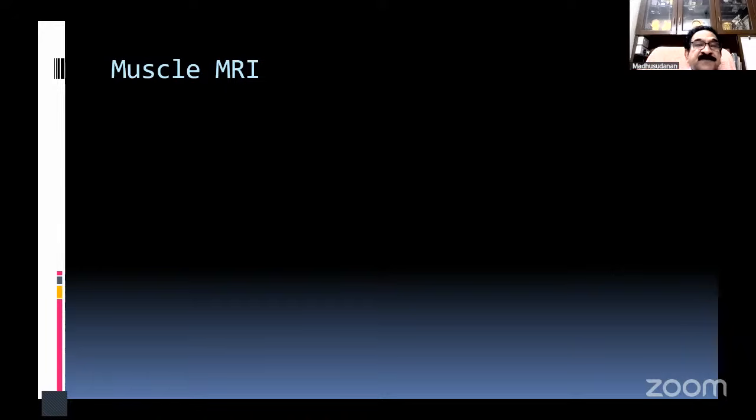As you said, in inclusion body myositis, there is a characteristic involvement of the thigh muscles and the upper limb. In the thigh muscles, only the distal part will be affected, the proximal part will not be, in the quadriceps itself. That will be very characteristic of inclusion body myositis. So that is the idea of doing the muscle MRI.